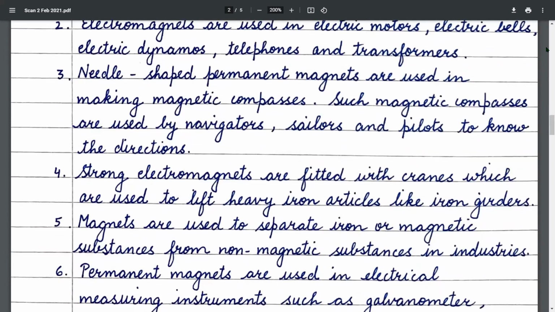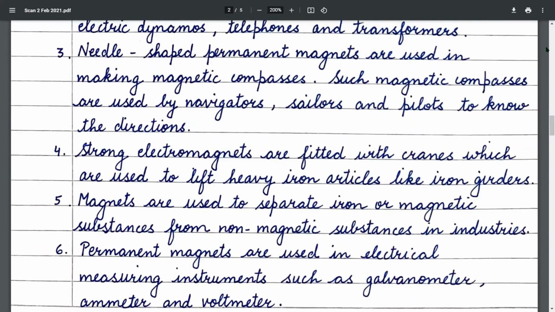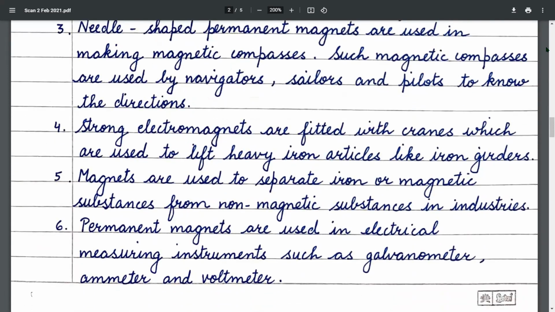Number four, strong electromagnets are fitted with cranes which are used to lift heavy iron articles like iron girders. Number five, magnets are used to separate iron or magnetic substances from non-magnetic substances in industries.